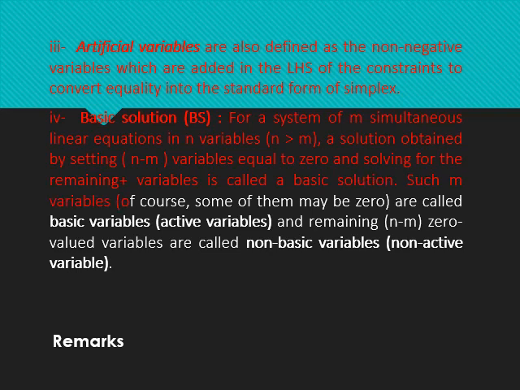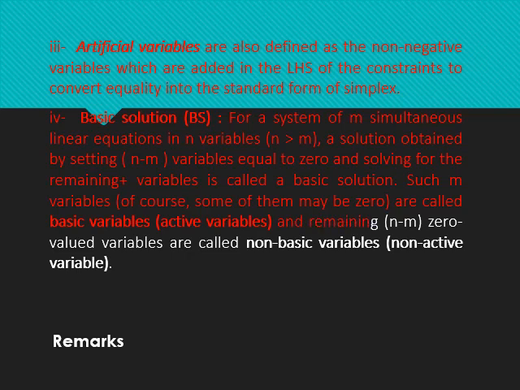Such m variables, of course some of them may be 0, are called basic variables, active variables, and the remaining n minus m zero valued variables are called non-basic variables, non-active variables.